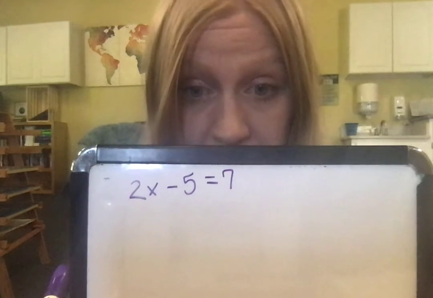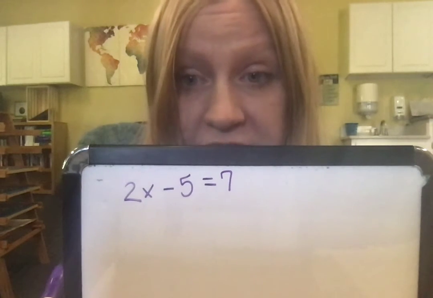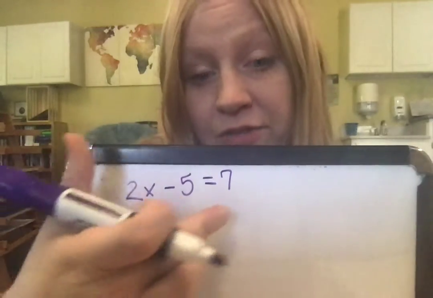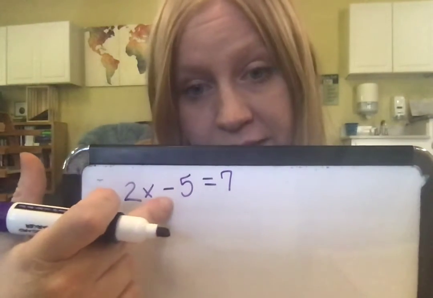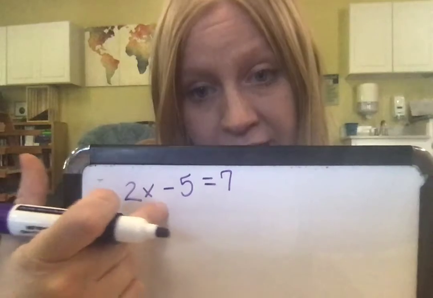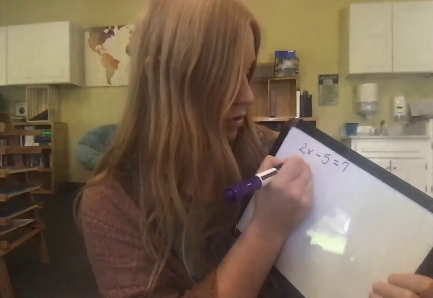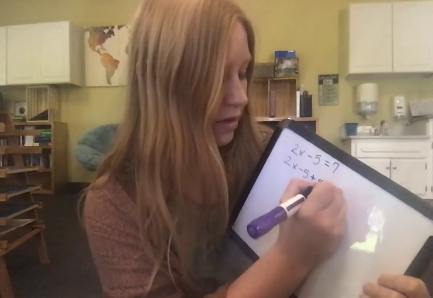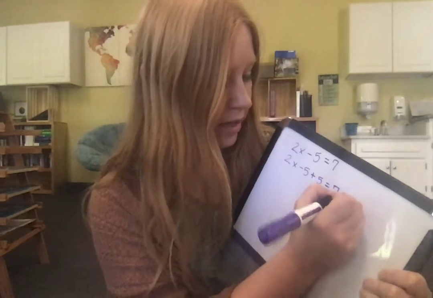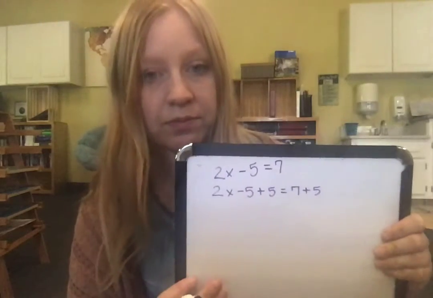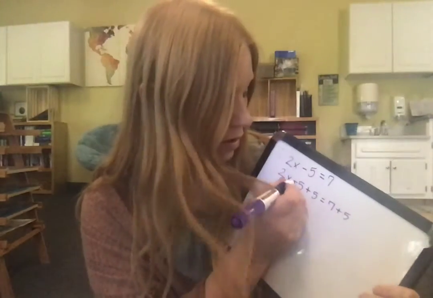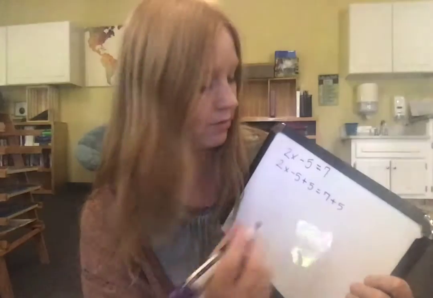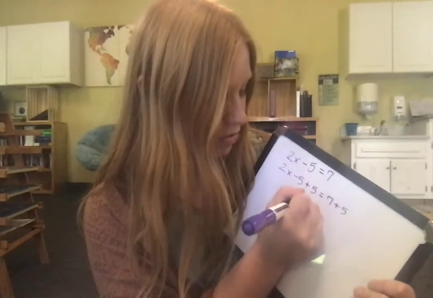So, we have been working with inverse operations, and we know that the first thing I need to do is get rid of my minus 5 by adding 5. So I have 2x minus 5 plus 5 equals 7 plus 5. Okay? Minus 5 plus 5 equals 0, so I'm left with 2x equals 7 plus 5.